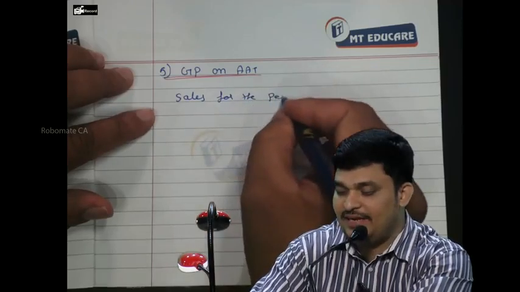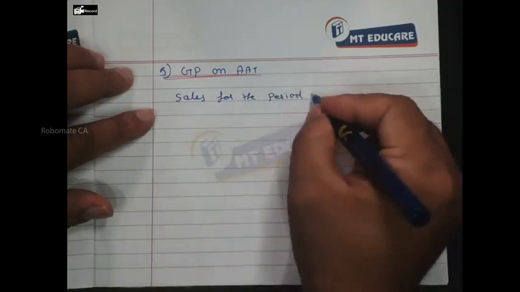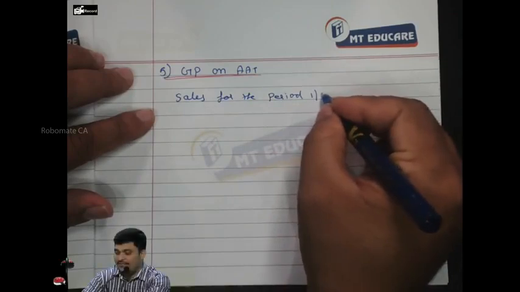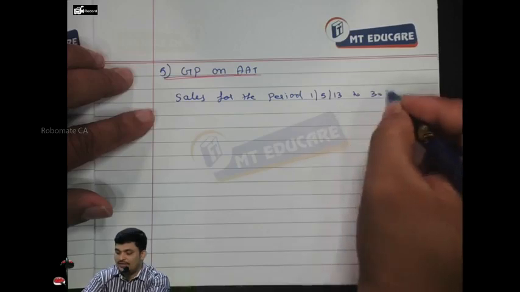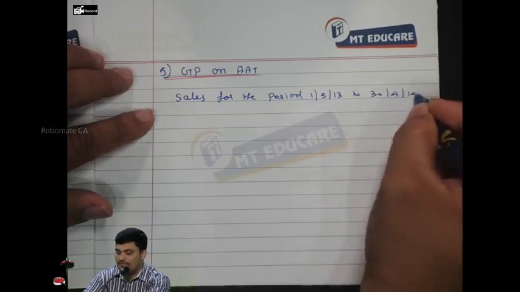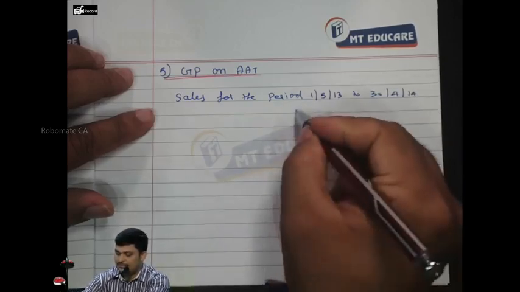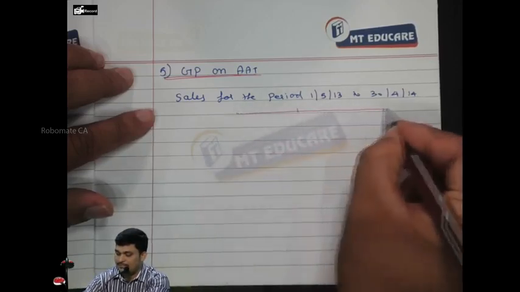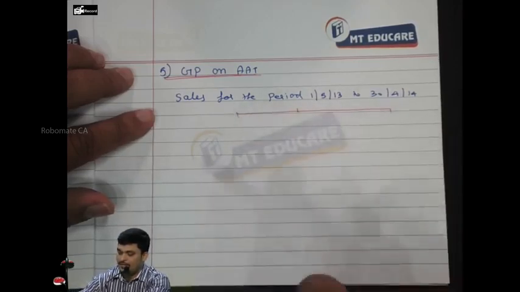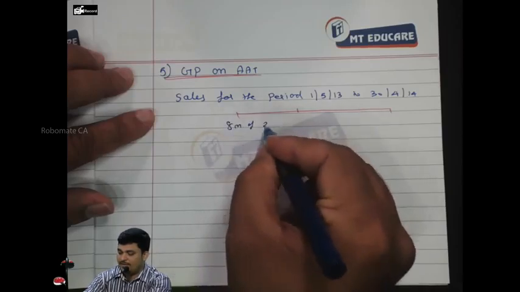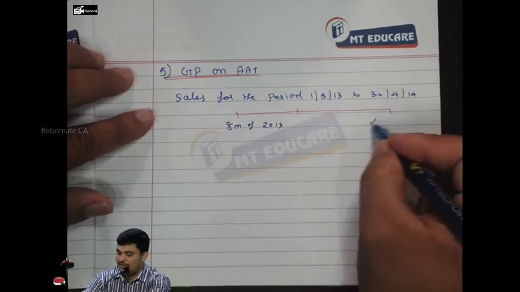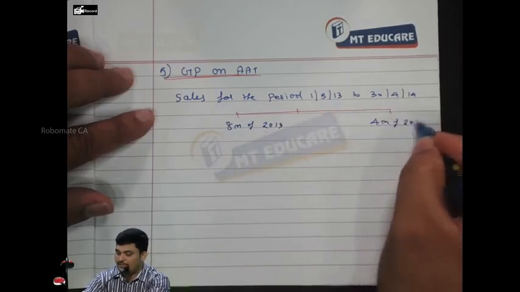Sales for the period 1/5/2013 to 30/4/2014, which is 8 months of 2013, 4 months of 2014.